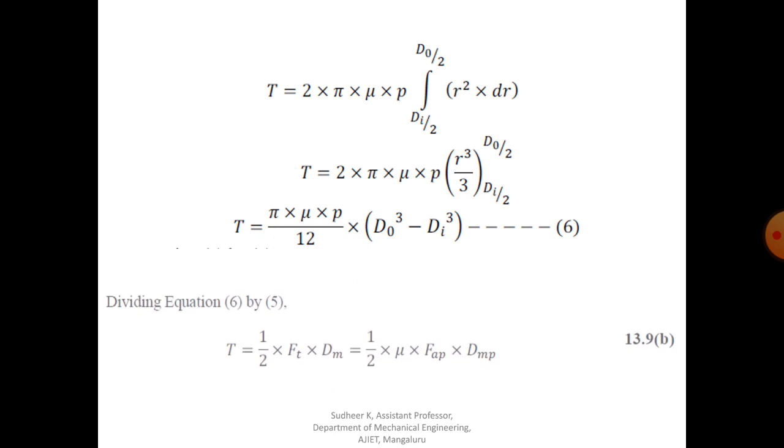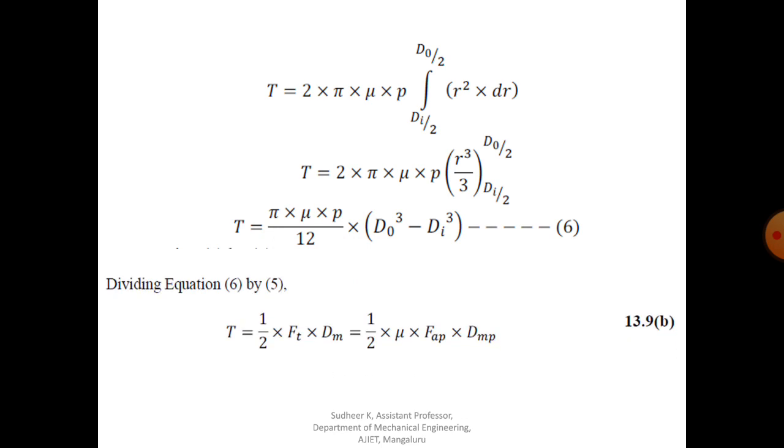Now you divide equation 6 by 5, because you have to replace this P by F. Therefore you get the expression T equal to 1 by 2 mu F_A dm, not F_T, F_A. Here dm is the mean diameter, di is the inner diameter, and do is the outer diameter.